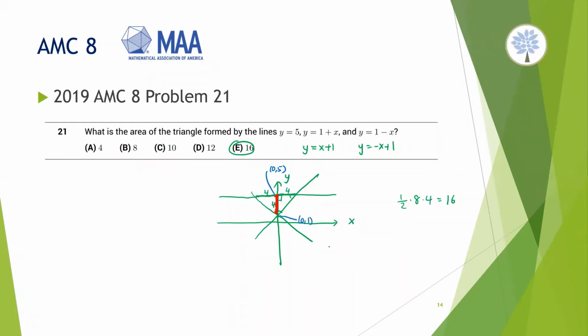This is the common y-intercept of these two lines that we were talking about. And then the point on the base of this height is going to have coordinates (0, 5), because the point at which y equals 5 intersects the y-axis is (0, 5). So yeah, the distance between these 2 points is just 4.